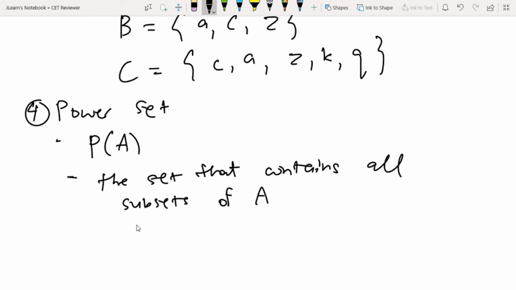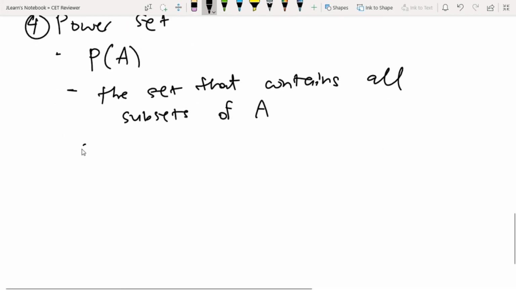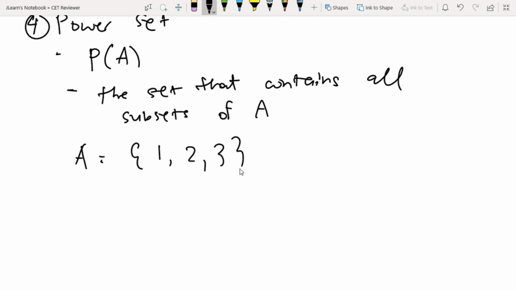So, for example, I have the set A and its elements are 1, 2, and 3. The power set of A, we represent as all subsets of A. Take note that the elements of the power set must be sets. Also take note that an empty set is a subset of the set itself.